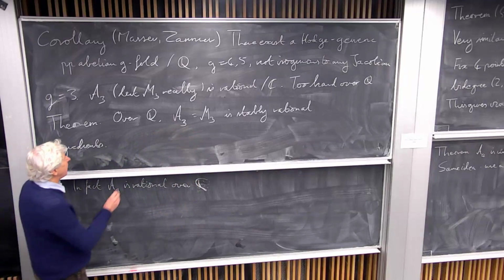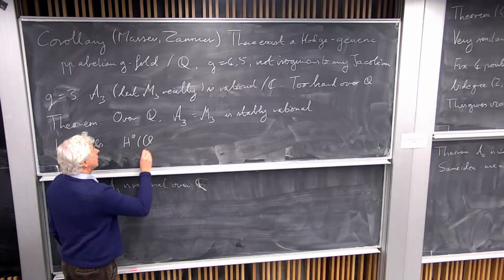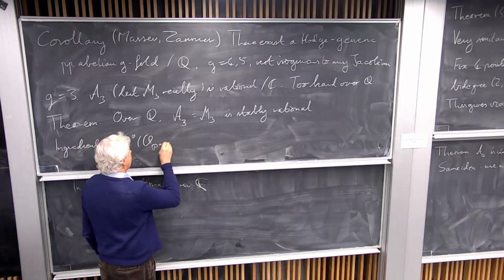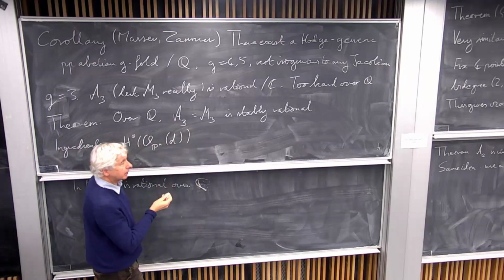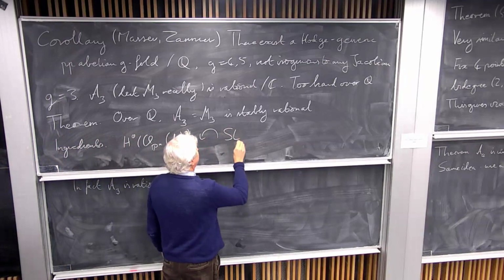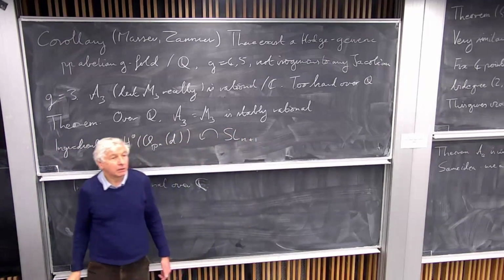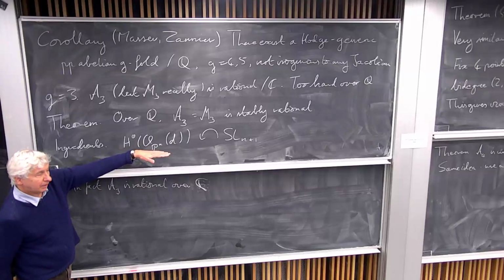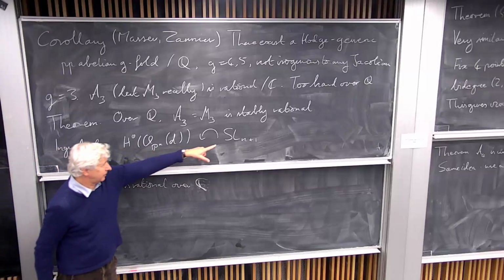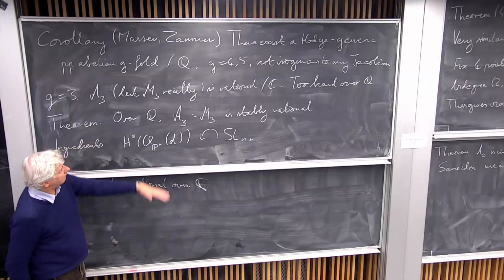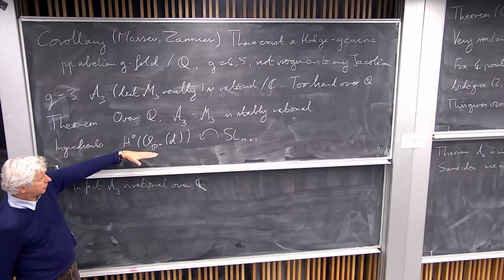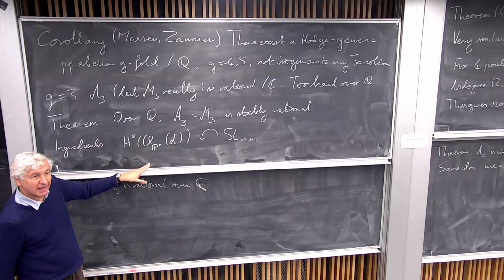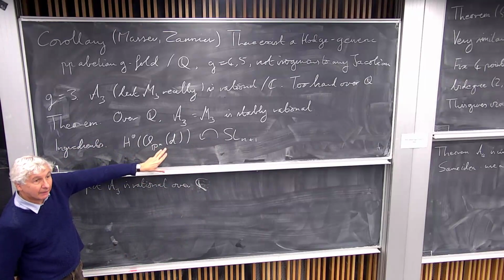So more generally, you look at H0 of O_{P^n}(d), and you look at the action of SL_{n+1} on that, and this quotient is close to being, but the SL, not PSL here, is close to being the coarse moduli space, the parameter space for hypersurfaces of degree d in P^n, with some conditions on d and n here.